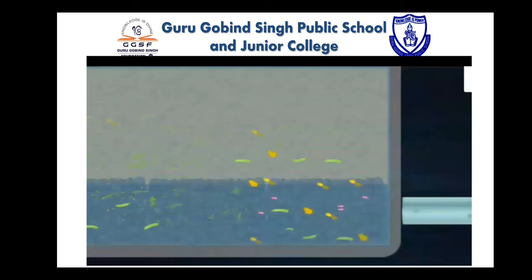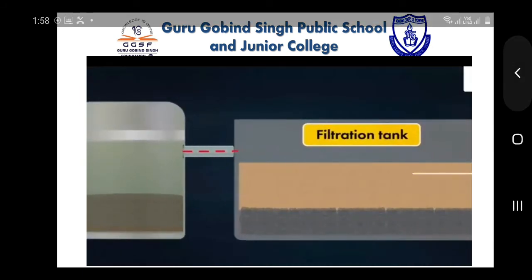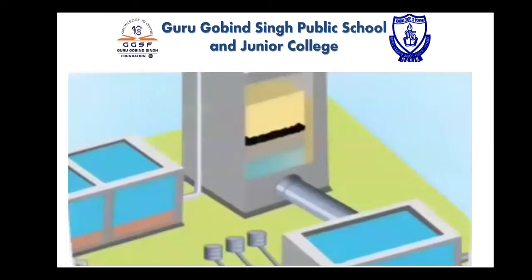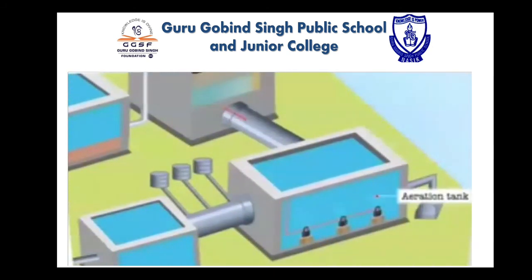So, after filtration tanks, the third step, this water is sent for oxygenation, where with the help of a pump, air and water are allowed to mix, and this causes oxygen from the air to dissolve in the water.